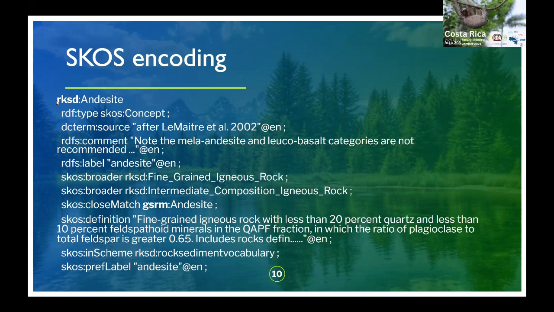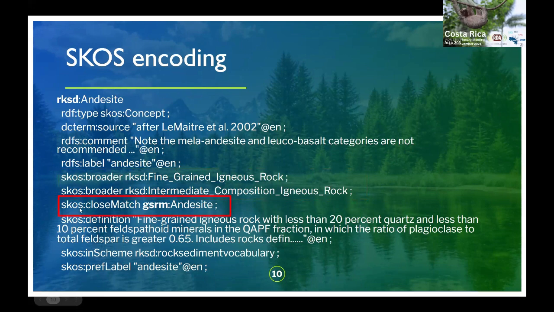So in the SKOS encoding for these things, there are namespaces here. I'm assuming people are more or less familiar with how this works. So RKSD is the iSamples extension vocabulary, and andesite is one of the concepts in there. For any of these concepts, it has links to broader concepts. And in many of these systems, things don't have a single parent type. So you could view an andesite as a fine-grained igneous rock, a volcanic rock, or an igneous composition; it has different parents.